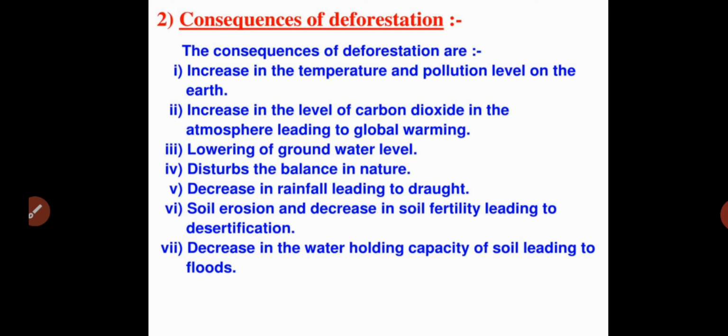That soil contains fertility and other useful things, minerals. Because of soil erosion, all the minerals present in the soil are lost. So the fertility of the soil also decreases, finally leading to desertification.